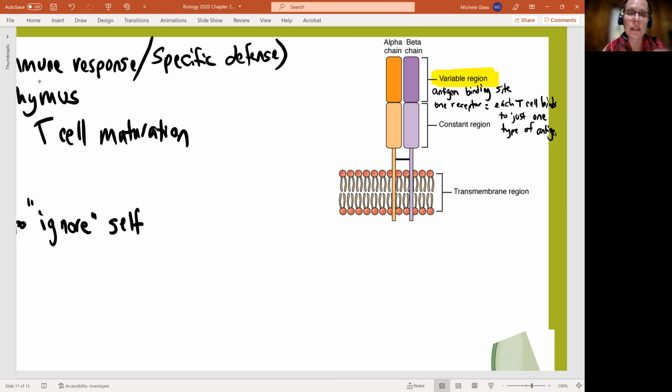So way back, we said that T cells make 100 trillion different receptors. And this number is so large to me, it's hard to imagine that you have 100 trillion different types of T cells. And so I said, well, maybe a single T cell can have multiple types of receptors.